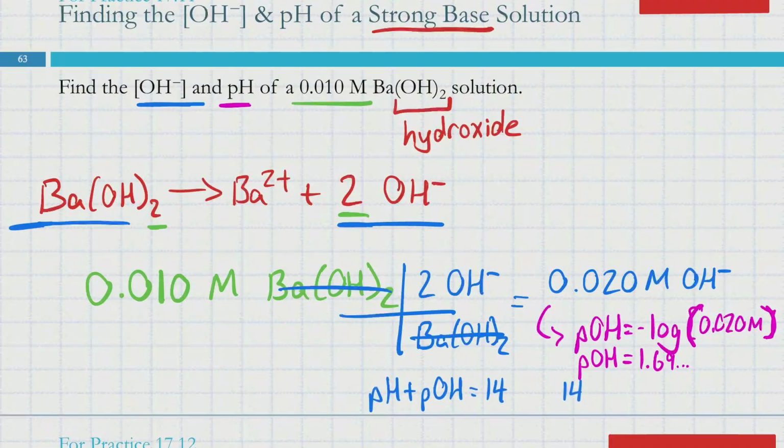So 14 minus 1.69 dot dot dot equals pH. So our pH here is 12.3 and some change, but we'll just call it 12.